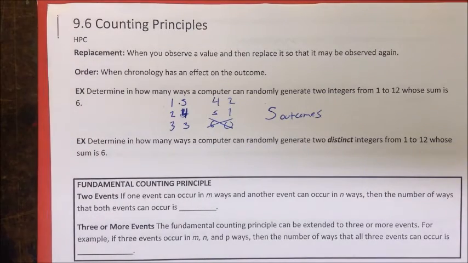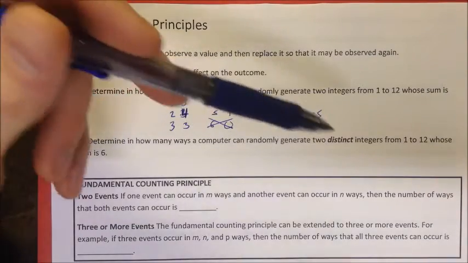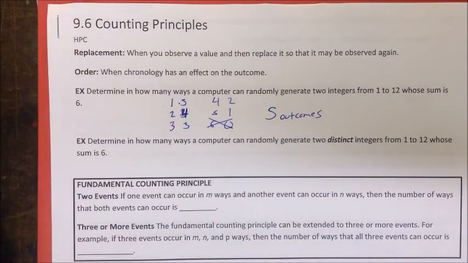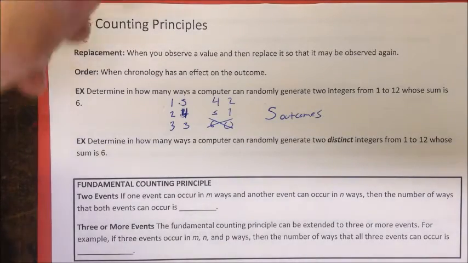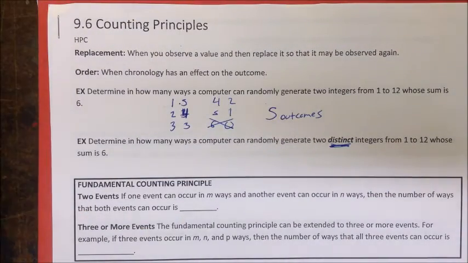Next example is very similar, except there's a slight change. It says determine how many ways a computer can randomly generate two distinct integers from 1 through 12 whose sum is 6. That's going to be almost the exact same thing. The word distinct makes the difference though. Distinct means you can't have the same number showing up twice in a row.